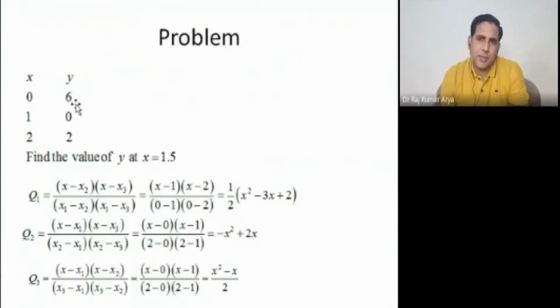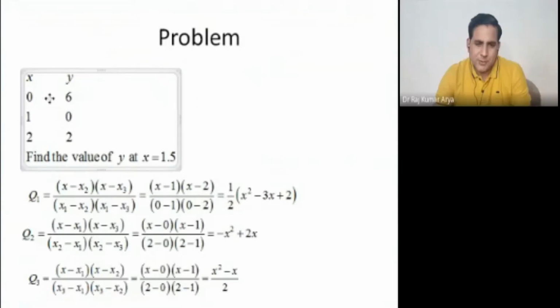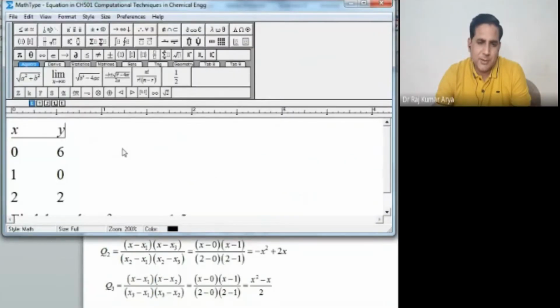So you have to always bracket your answer first, in which segment your value lies. Your x of 1.5 would lie between x1 and x2. So this would be your x1, y1 as 1, and x2, y2 would be 2, 2 actually. Correct? Yes, sir.